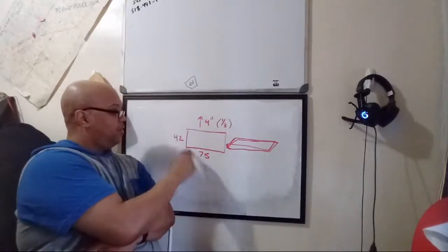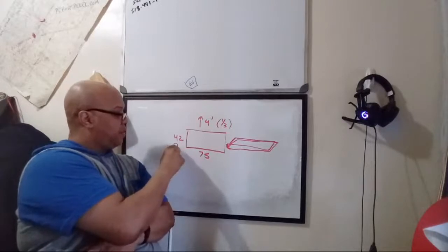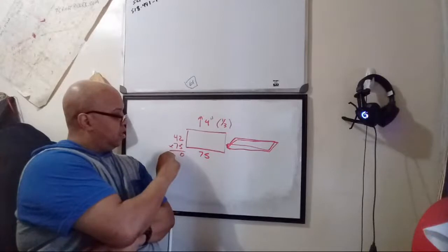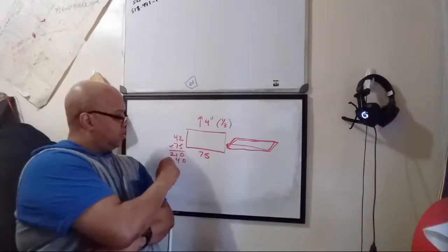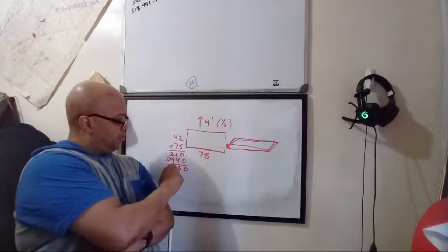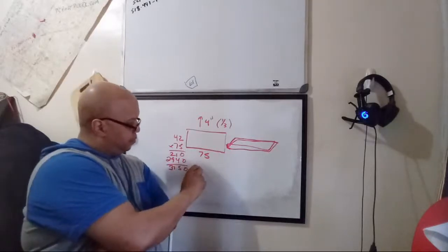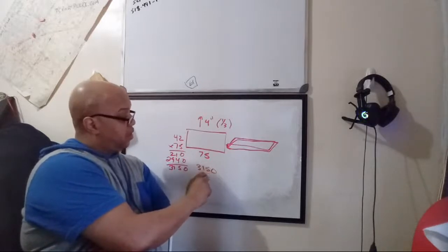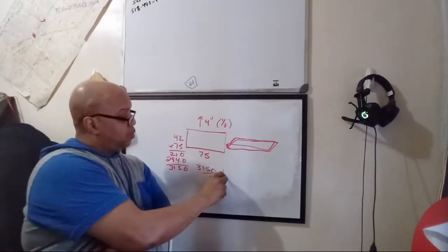All right, so 42 times 75. Put 75 under here. 10, carry the 1. 21, 0. 14, 129, 0, 5, 3150 over 1 times 1/3.